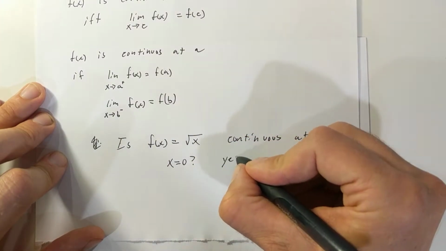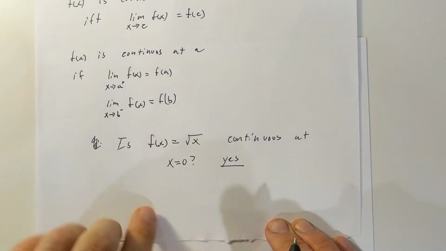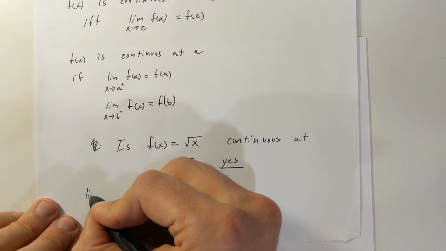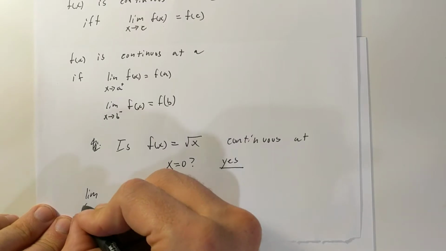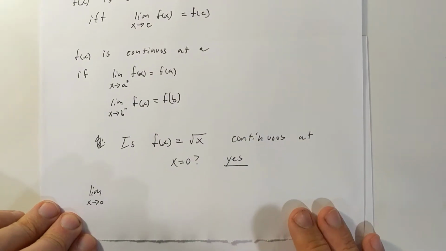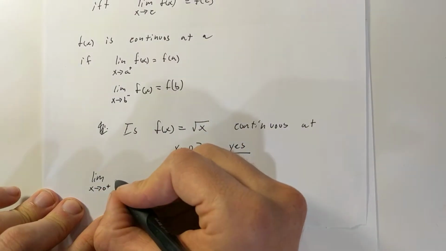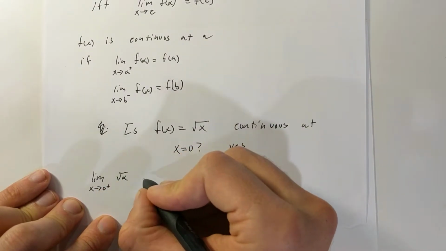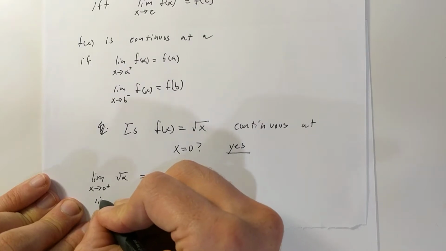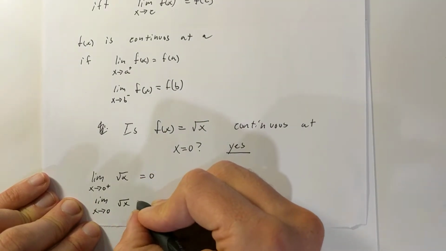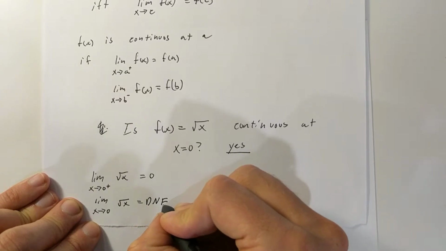And the answer would be yes. It's simply because the limit as x approaches 0 from the positive side of the square root of x equals 0. However, the limit as x approaches 0 of the square root of x does not exist, right?